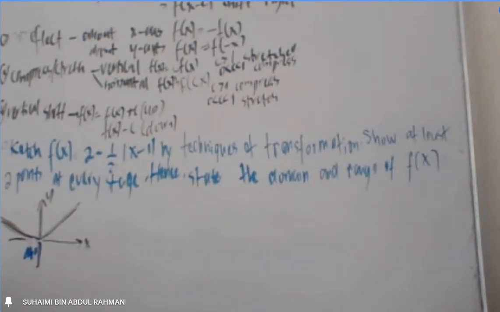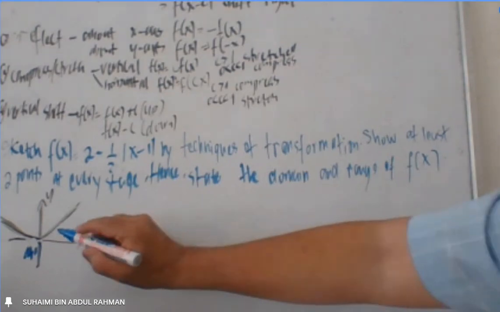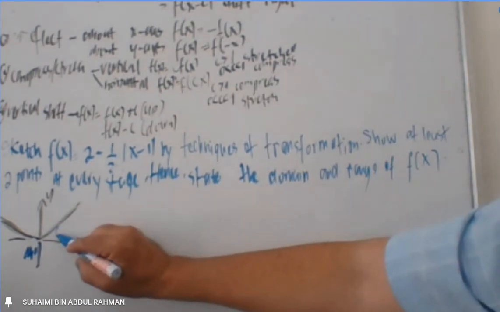What is another point from this graph? 1, 1. The point 1, 1.